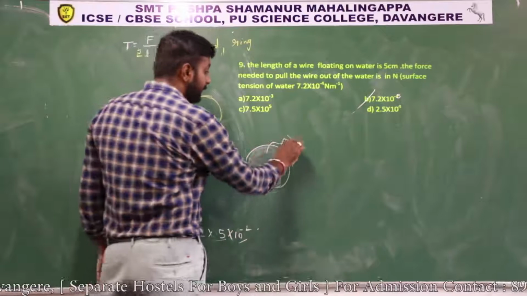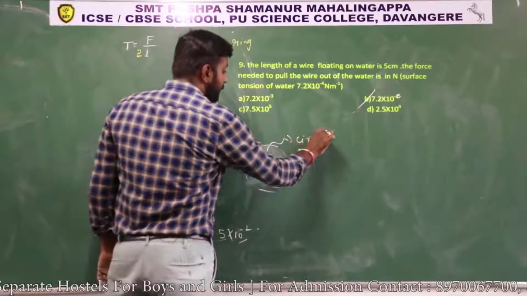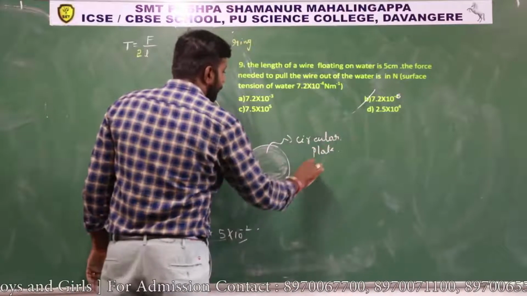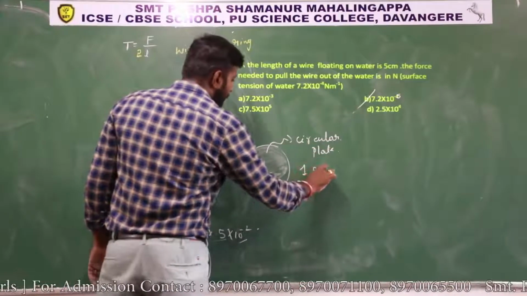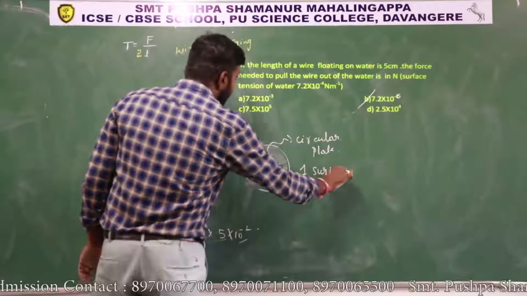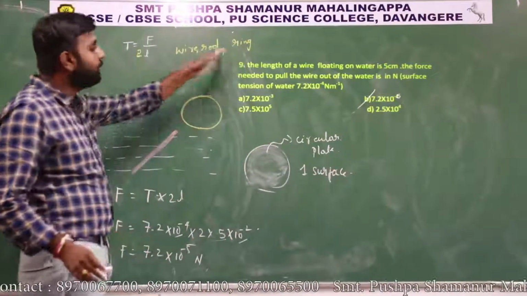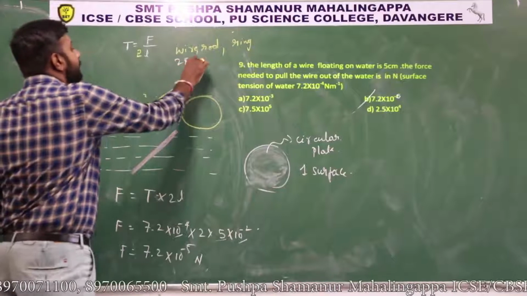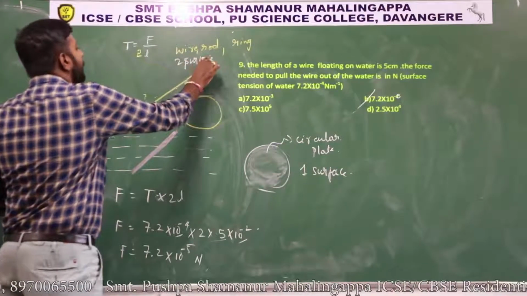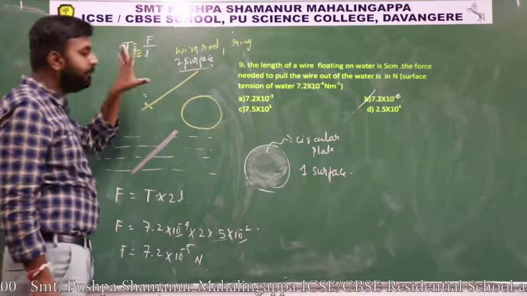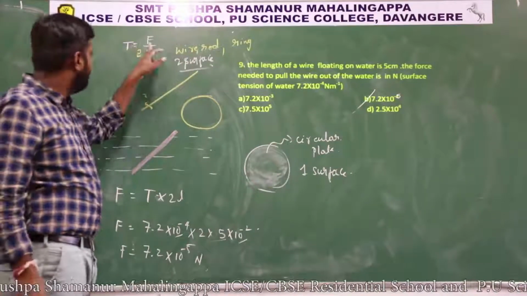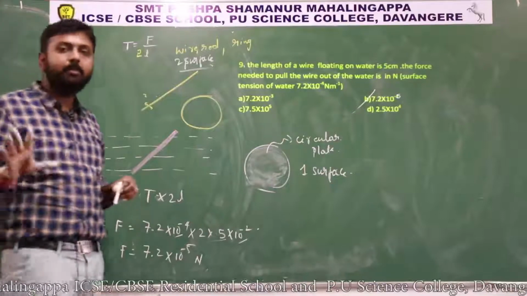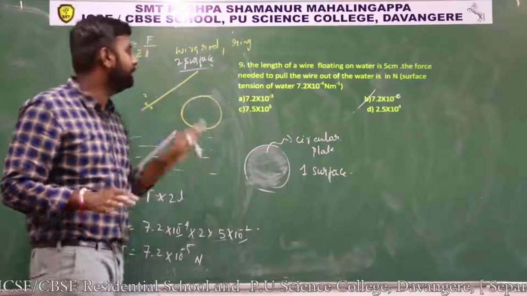In case of circular plate, it wets only one surface, while in case of wire, rod, ring, it wets two surfaces. Hence in the formula we have to write F divided by 2L for these. So this is important for competitive exams, remember this point.